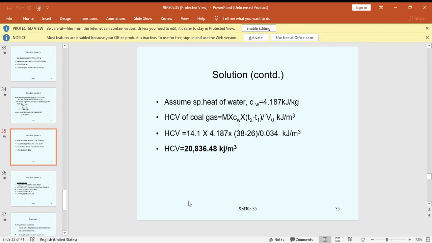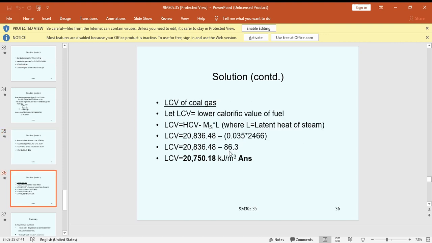Assuming specific heat of water equal to 4.187, HCV of coal gas equal to M into Cw into T2 minus T1 by V naught. HCV equal to 14.1 into 4.187 into 38 minus 26 by 0.034, which gives 20,836.48 kilojoule per meter cube.